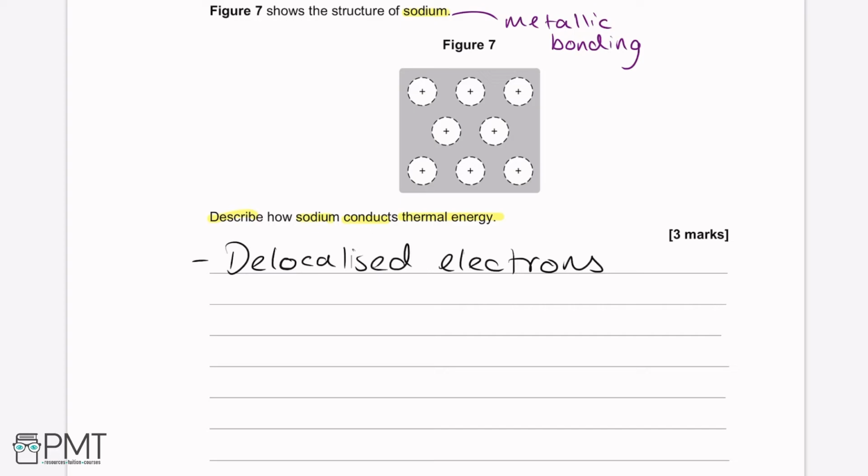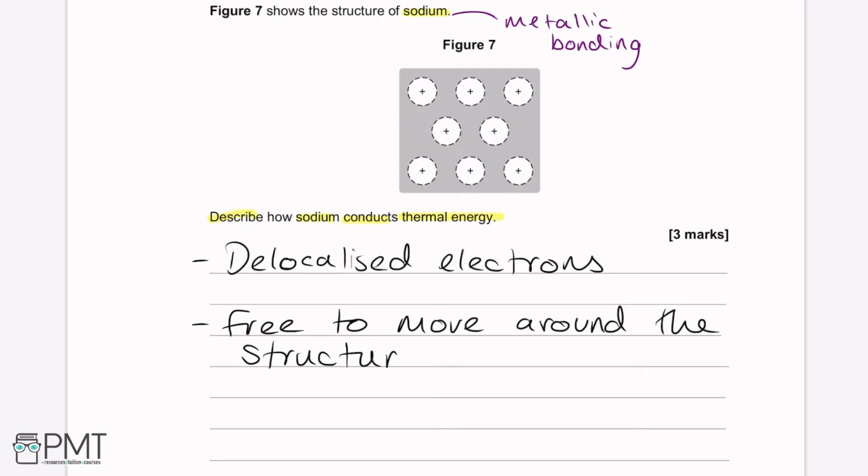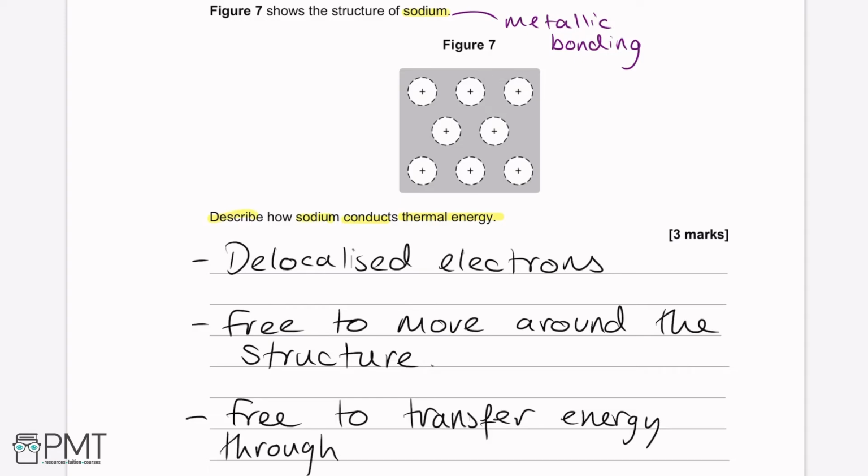We've got delocalized electrons. And because these electrons are delocalized, they are free to move around the structure. And what does this mean? Well, if those electrons are free to move around the structure, they are free to transfer energy. So free to transfer energy through the structure.